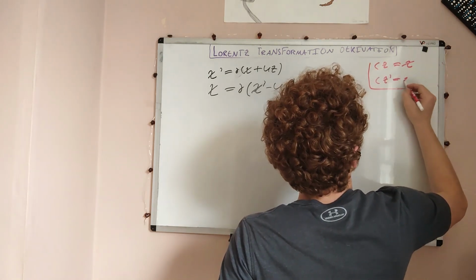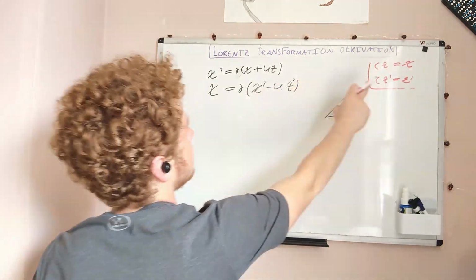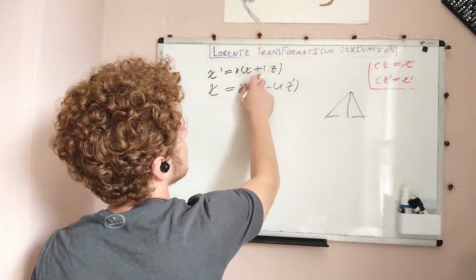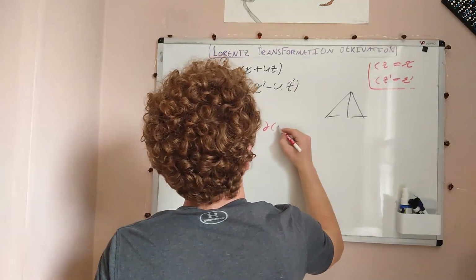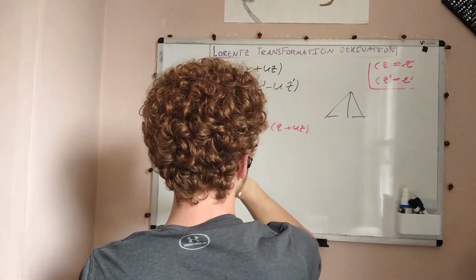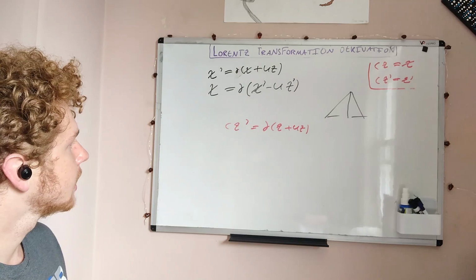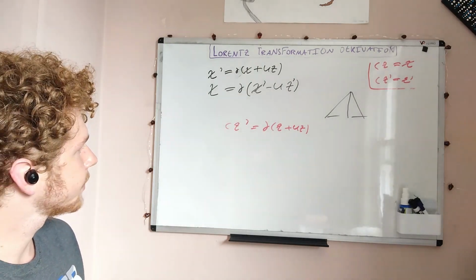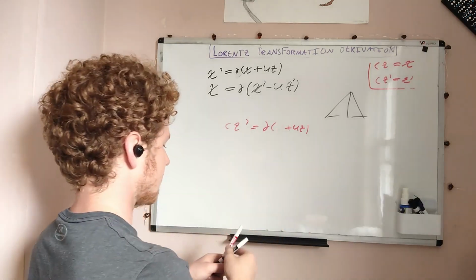And something I first tried was, you could set ct prime with x prime equal to this. So it could be like x prime equals alpha times x plus ut. But that doesn't really help as much because it's in terms of a lot of things we don't necessarily know.